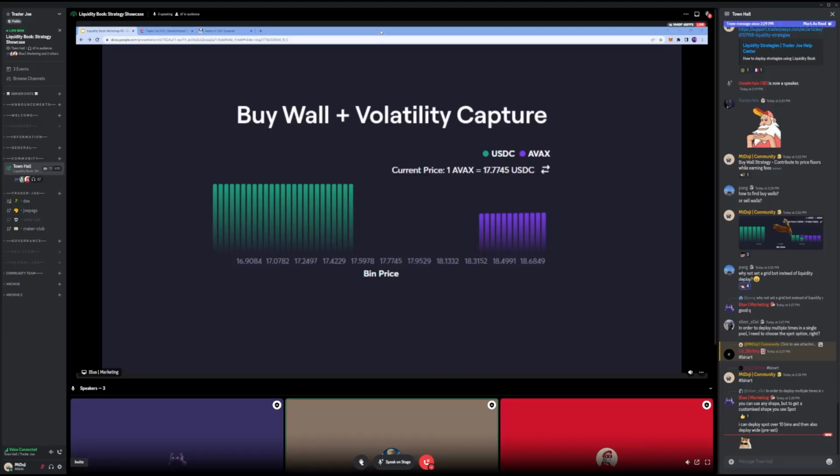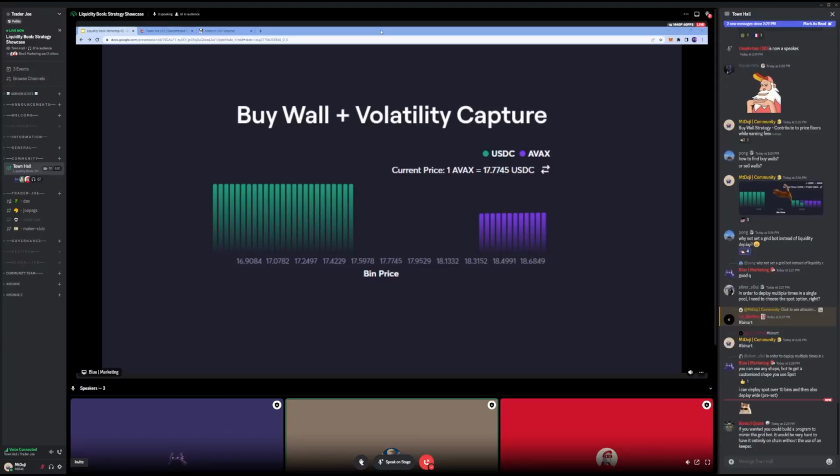You don't have to go through all the bid and ask management. It's just bins are passively there and accrue fees as long as your position is there. And you actually get fees instead of paying them every time your bins are hit.